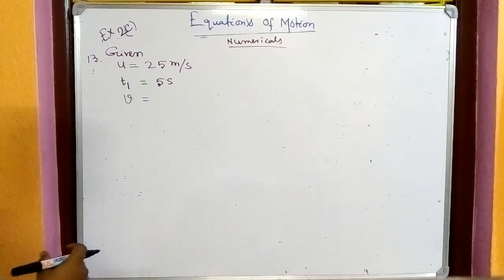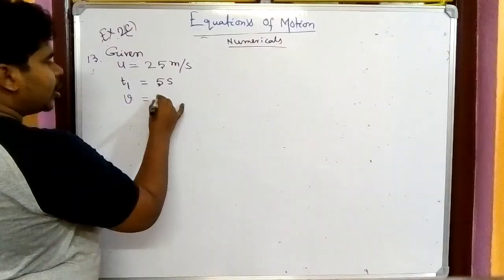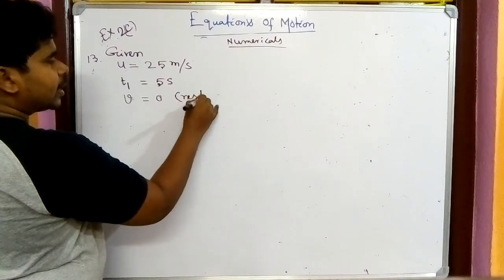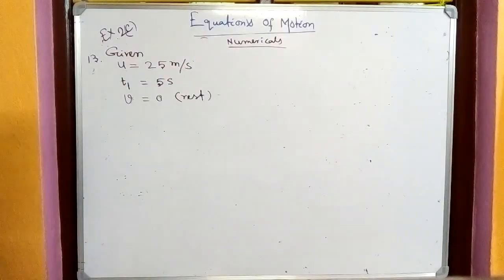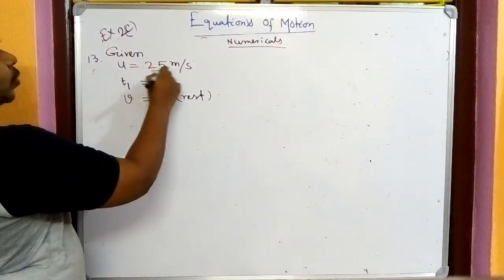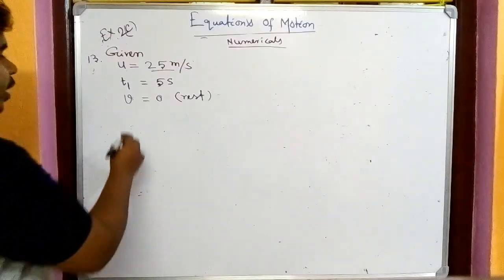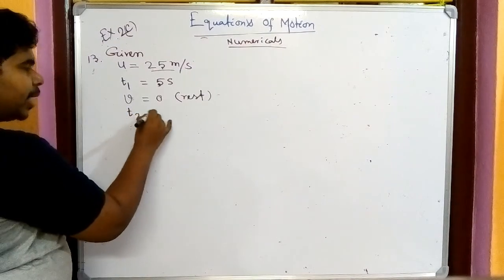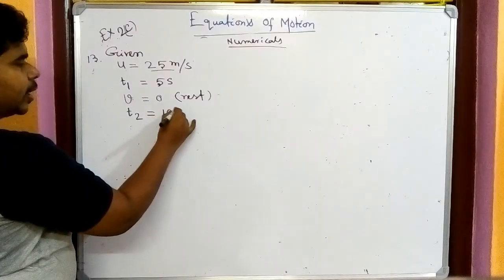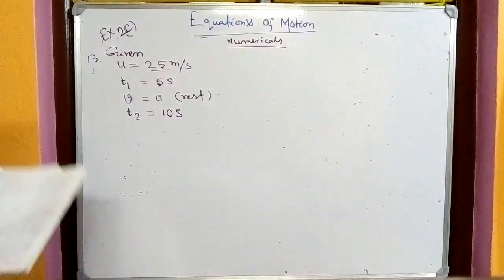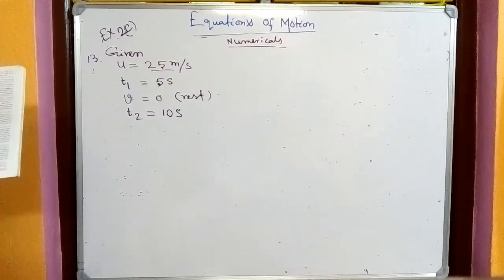Car comes to rest means v equals 0, because rest means the final velocity will be 0. So initial velocity is 25 meter per second, final velocity is 0, and how much time is taken to make the velocity 0? That is 10 seconds. These two pieces of information are given to us.